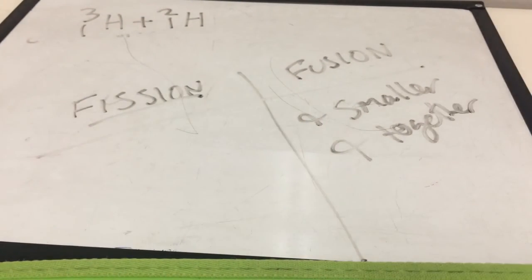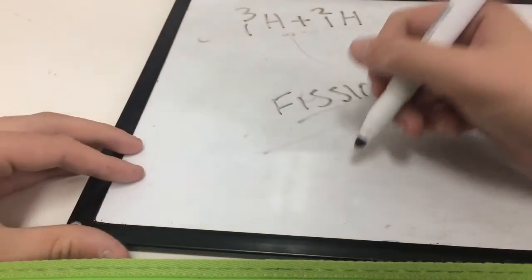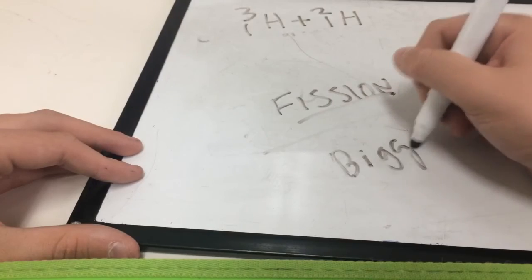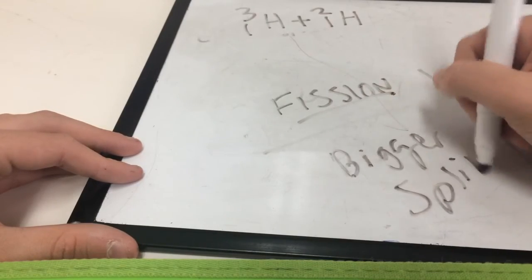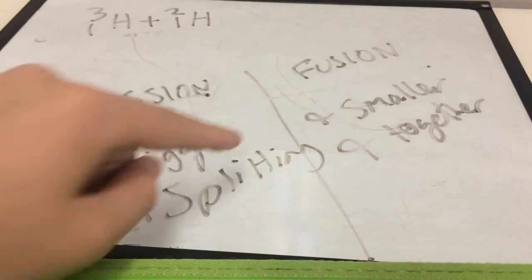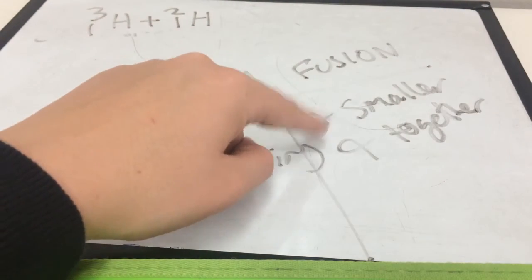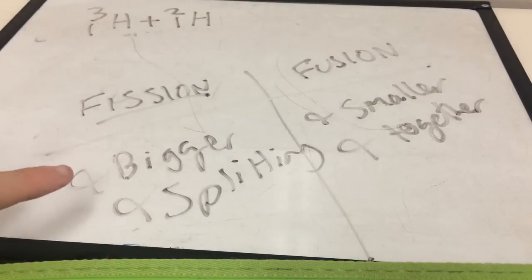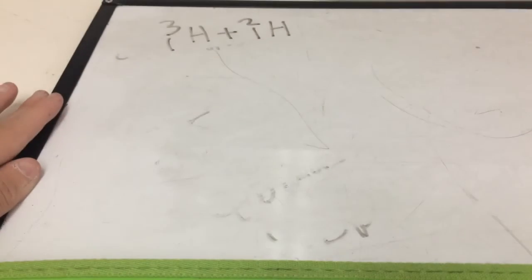Fission: bigger and splitting. Write that down if that makes sense. In fusion we take smaller isotopes and put them together. In fission we usually take bigger ones and split them. Neutrons are involved with both.